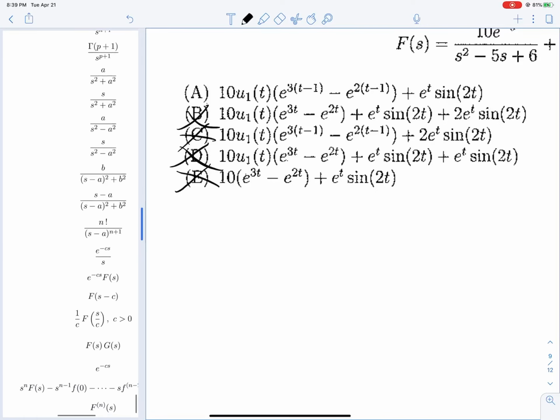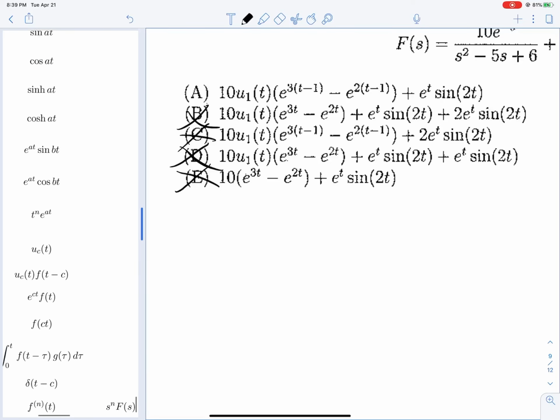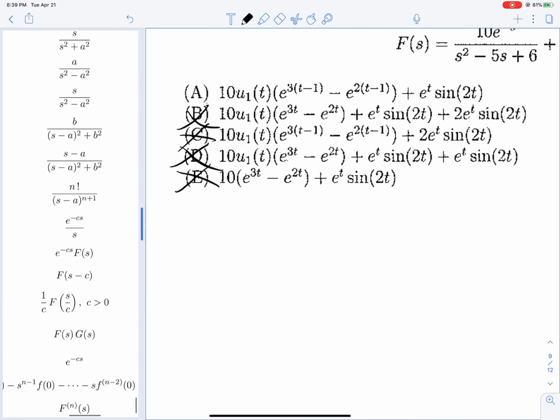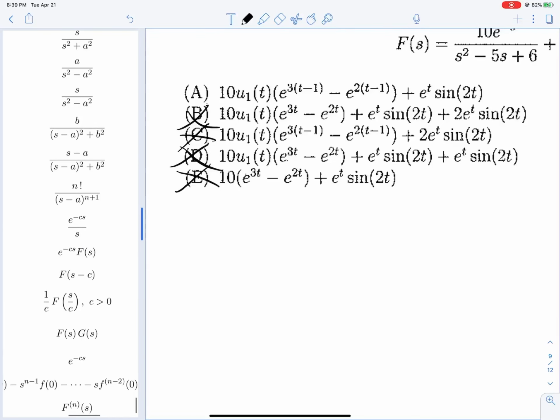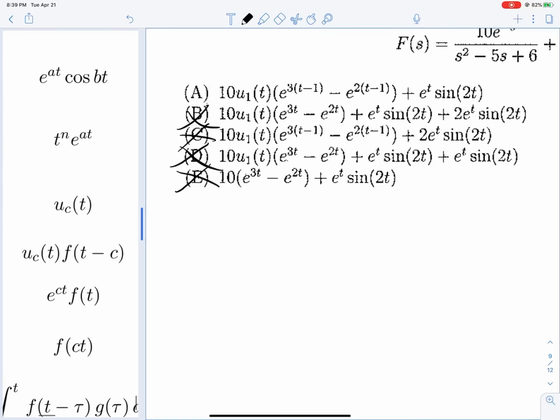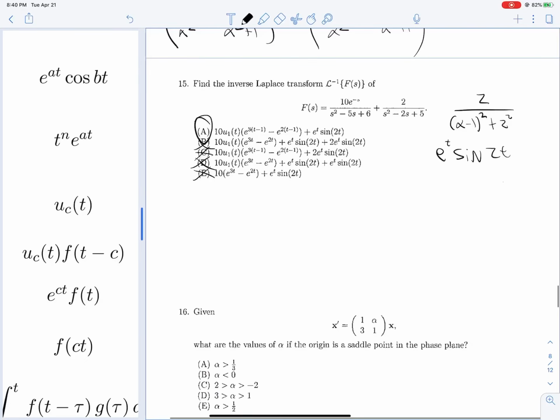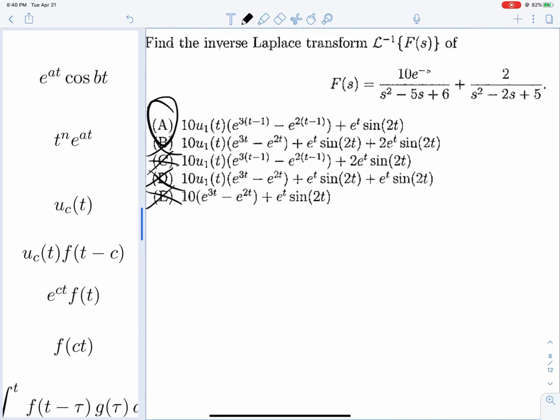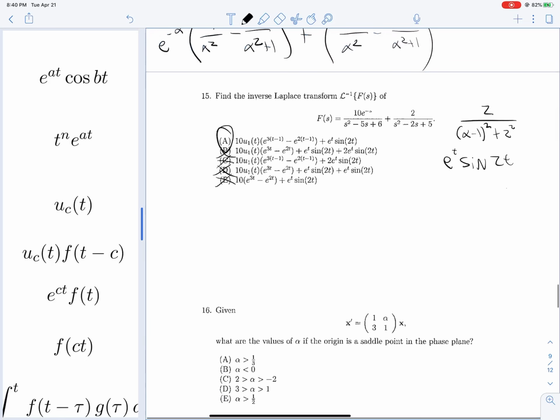We're going by this rule: because we have e to the negative cs times some f of t's Laplace transform, we will get u1 of t times that function whose Laplace transform you need to take to get that capital F of s, where we replace all of our t's with t minus c. So A has to be correct, but let's make sure.